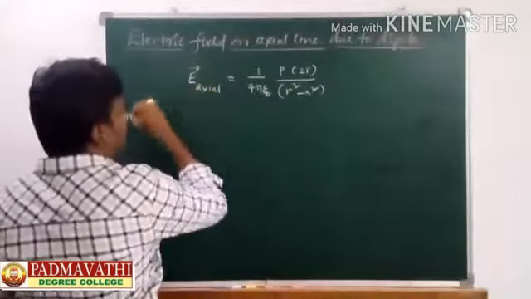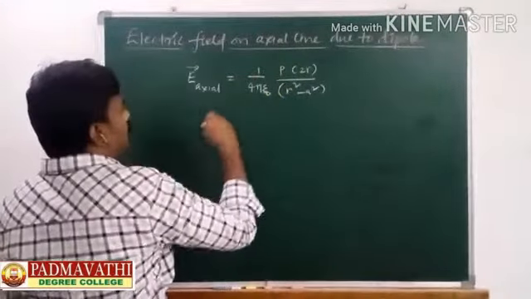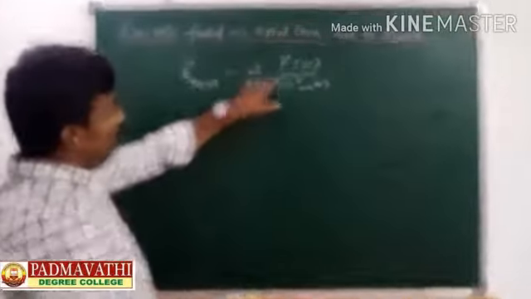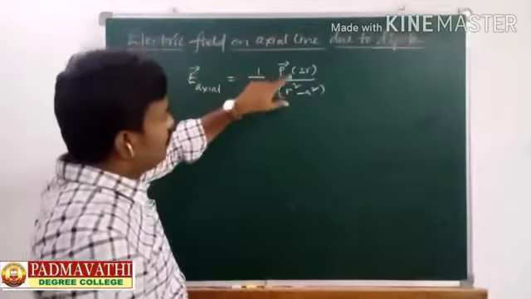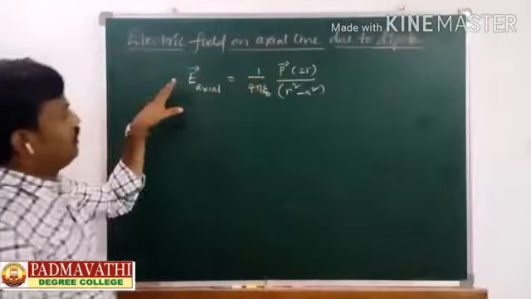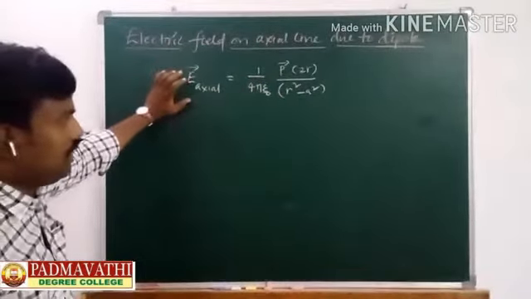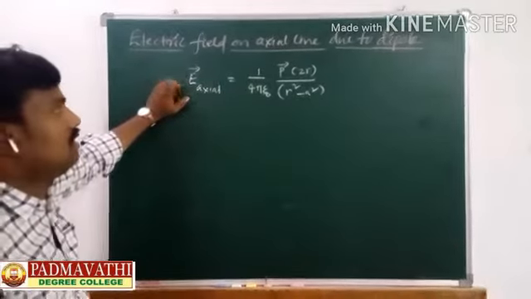And if you want to write it in terms of vectors, we can put a bar here, and E bar will be in the direction of P bar.